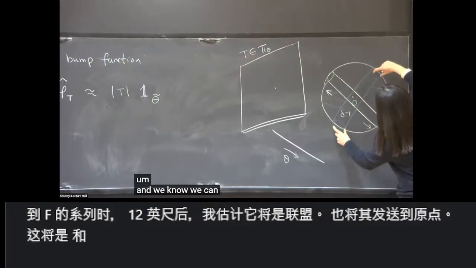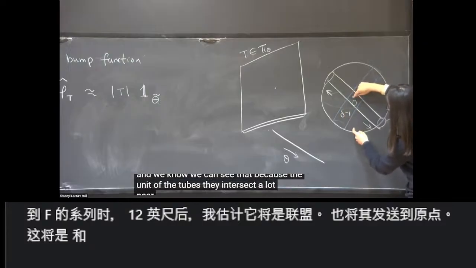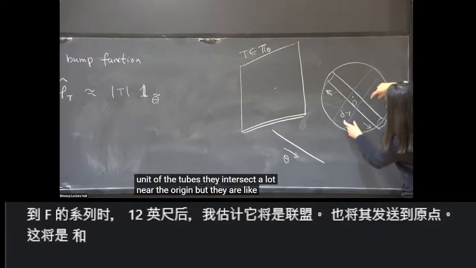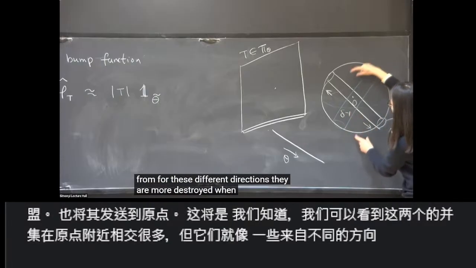And we can see that the union of those tubes intersect a lot near the origin, but they are from different directions, so they are more disjoint when they are far apart.